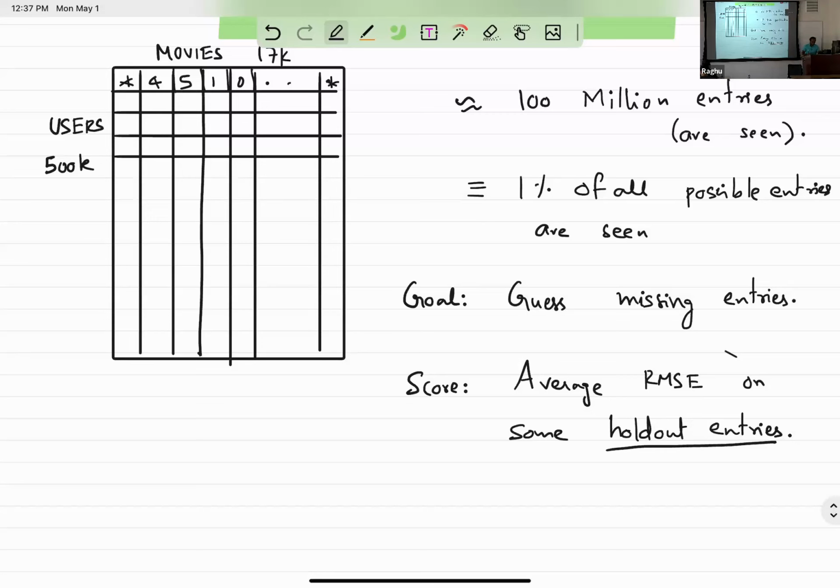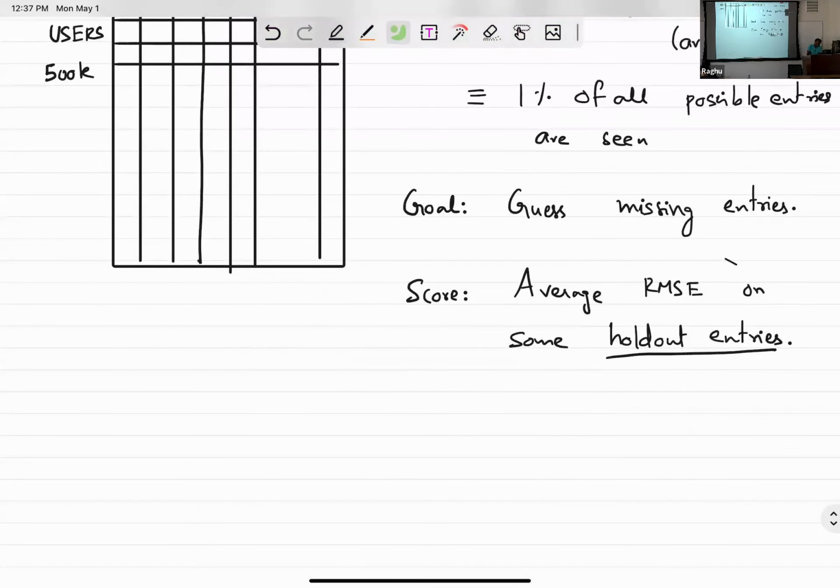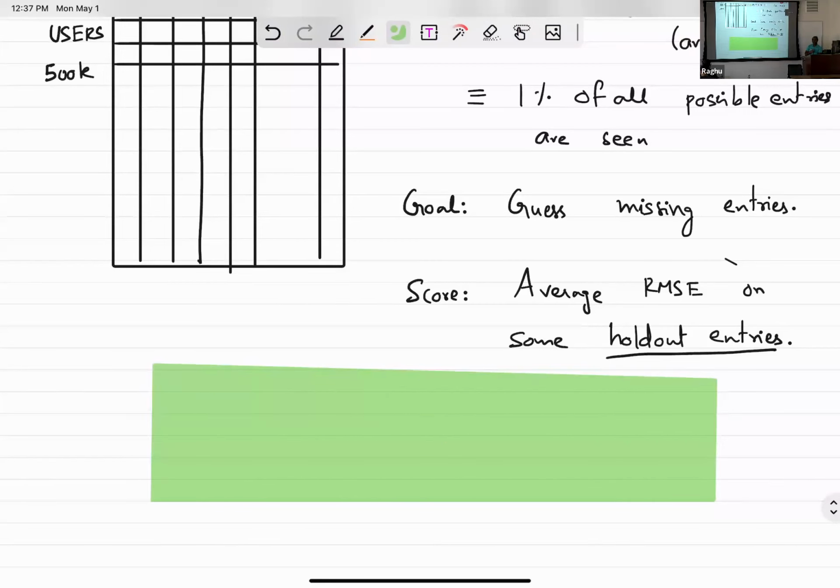But they were actually a bit more, I guess, maybe more pessimistic, I should say. They said, okay, we have a baseline model, and they gave a score for that. Their baseline model had some performance on the root mean squared error. I don't remember the exact number. I don't think it's important.